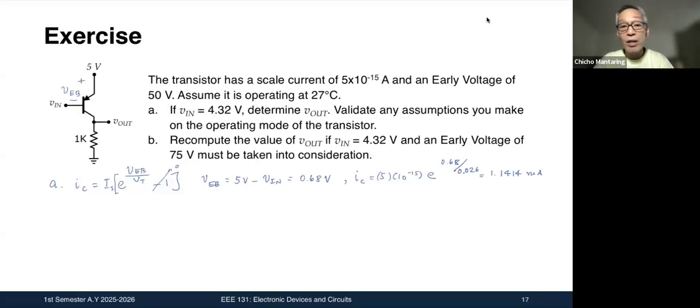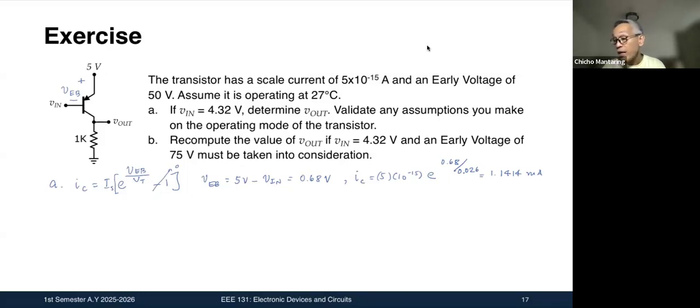So simple. Nothing difficult about this particular problem. Yes, that's right. Two people answered correctly what the value of VEB is.